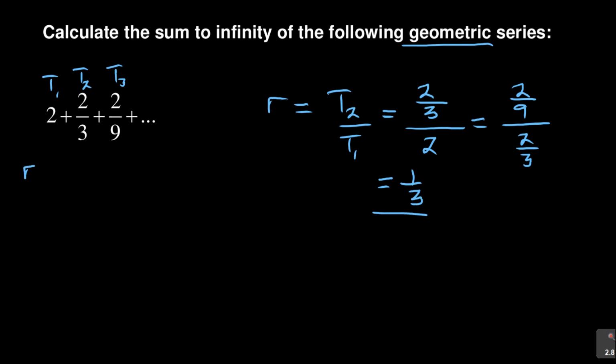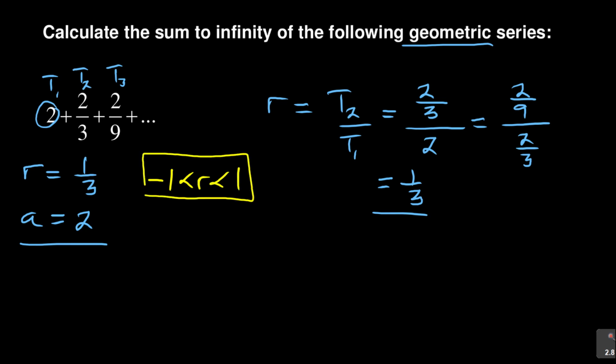So you can see that my r is equal to 1 over 3, and my a, which is the first term T1, is equal to 2. Now look at the condition I said. For it to be a convergent sum to infinity, it has to be in the range of -1 is less than r is less than 1.